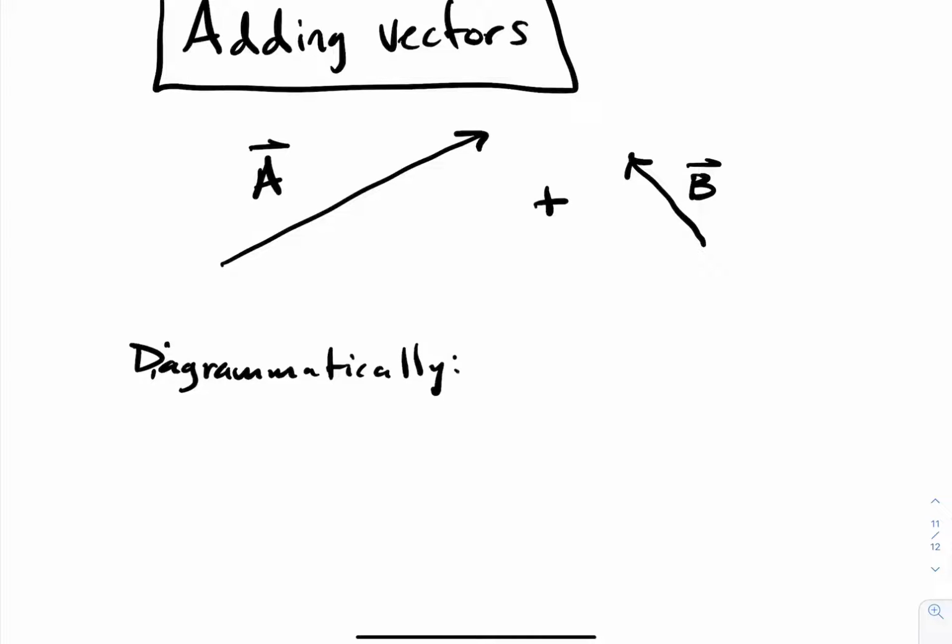And this is kind of a rule that's always true. You can always move your vectors around as long as you keep them the same length and pointed the same direction. And so let's also label that this is at some angle theta, and maybe we could show that this is at some angle phi.